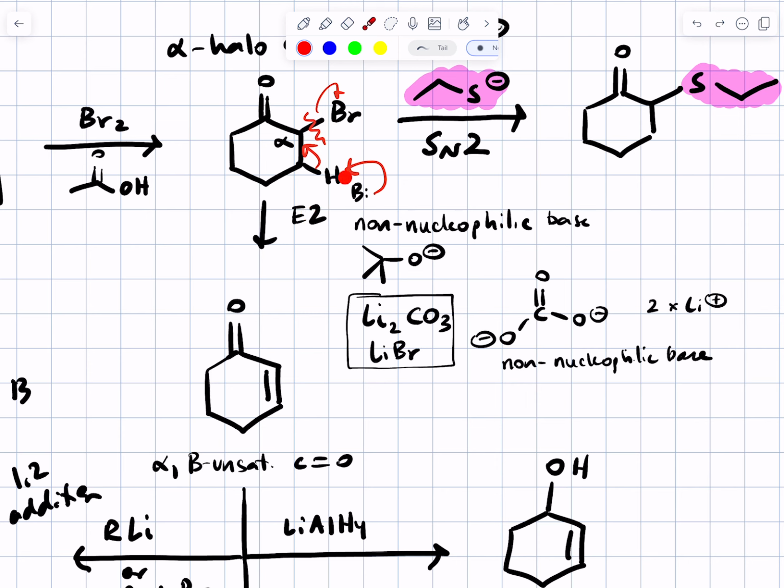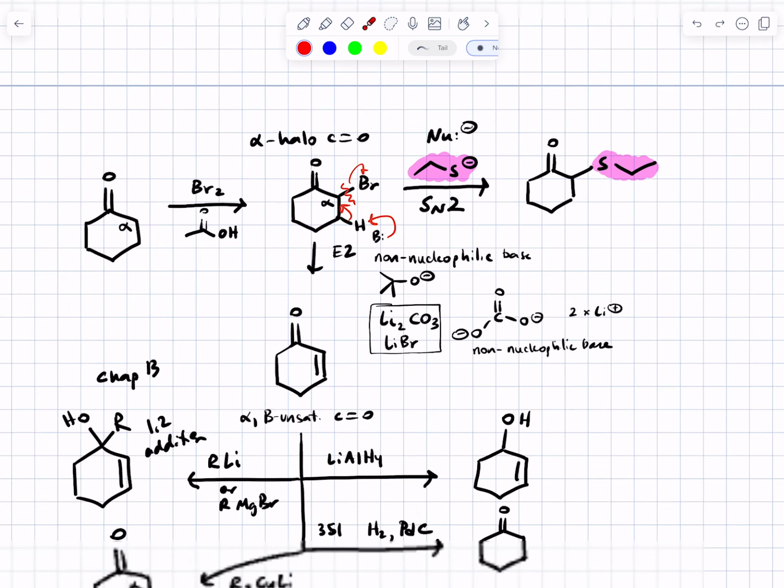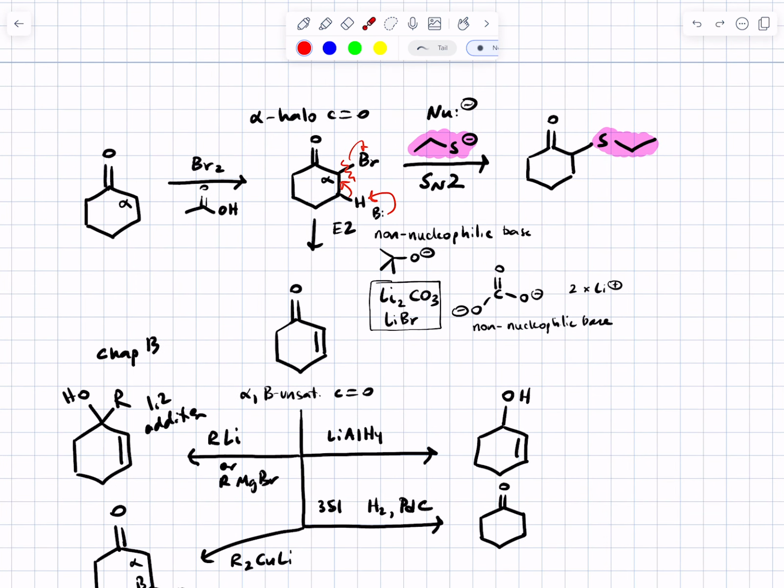There's only one kind of beta proton. If there were another alkyl group, presumably you would follow the same pattern you used in 351, where the more substituted alkene would be the major elimination product. Yep. Okay, others?